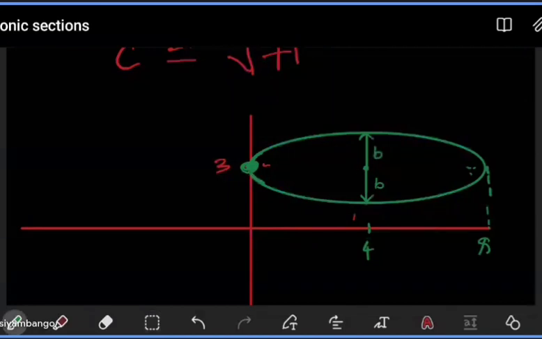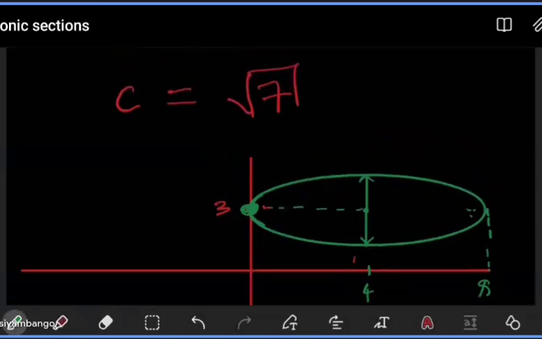What do I mean? This point here at the center, in terms of the Y value, is a 3. So we find B to be root 7. So to know how far up I have to move to reach this mark, I have to add root 7 to 3.